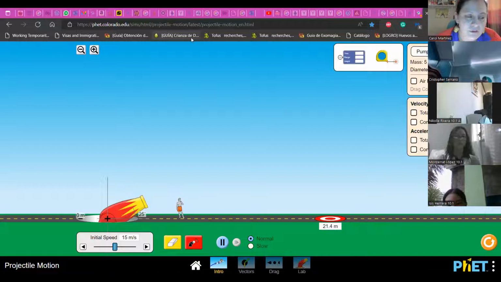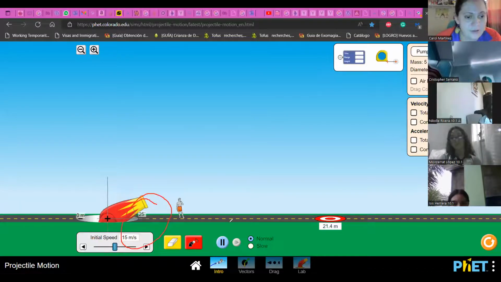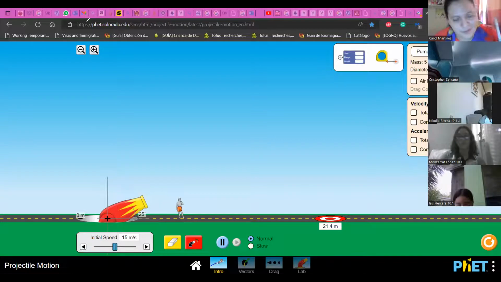But once I teach you the other topic, I just want to show you that the other type of projectile motion is the one that is at an angle. And as you can see here, I have an angle, okay? I don't know the name, it's just saved in my favorite websites, but I can share you the link.